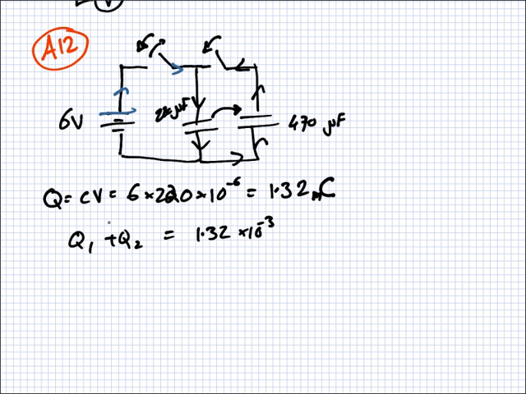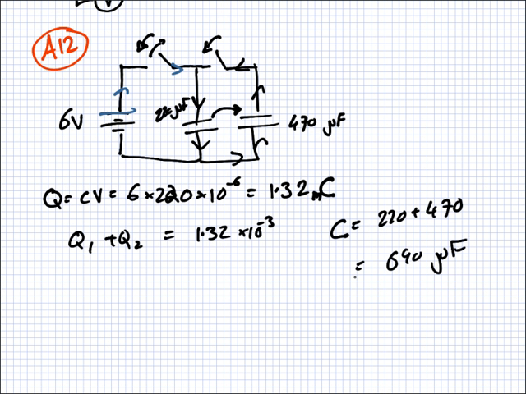What do they want? They want the charge of the 220 microfarad. First, because they're in parallel, the total C would be 220 plus 470, so that is 690 microfarads.